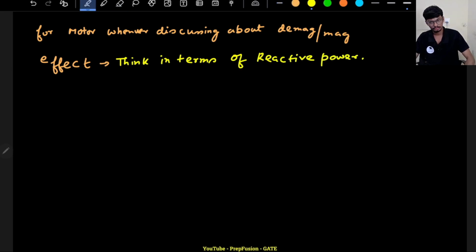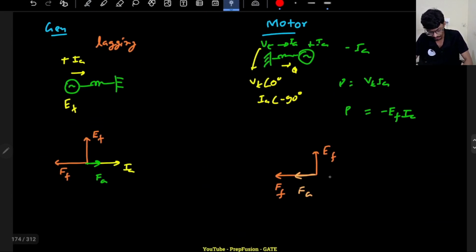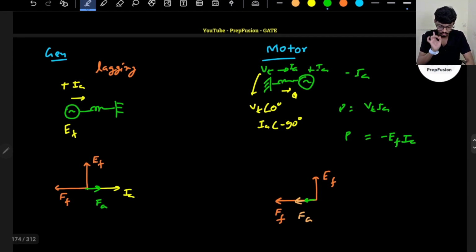Basically you make your IA to be negative, minus IA. So if IA is here, IA minus 90 should be here, actually your minus IA will be here. So you write the direction of the MMF according to minus IA, not with respect to IA, just to clear out the confusion.